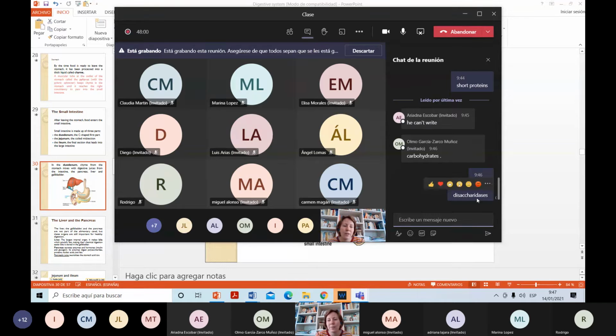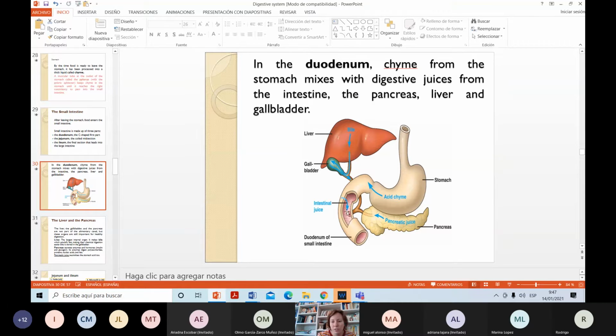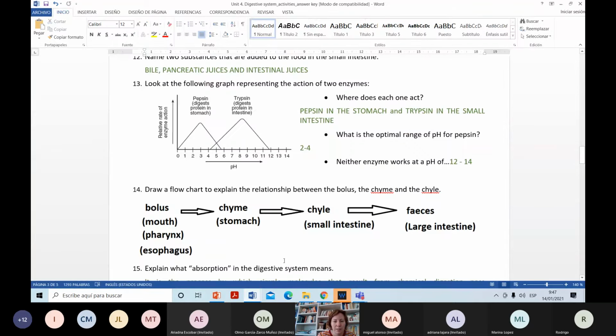Of course, it's going to be disaccharides, that are carbohydrates with only 2 monosaccharides, so simple carbohydrates. And having that, once we finish this digestion, we've got in the intestine simple fatty acids, glycerol, amino acids, and monosaccharides. So we've already finished the digestion of all food there in the small intestine.